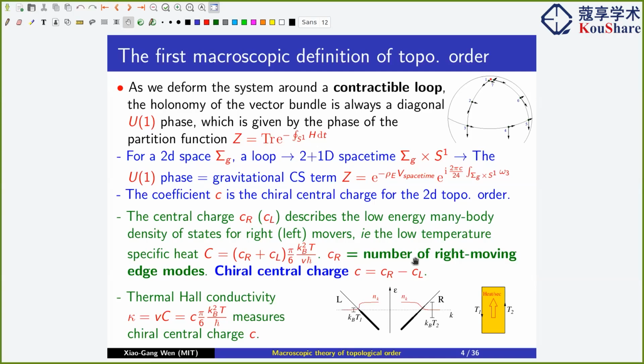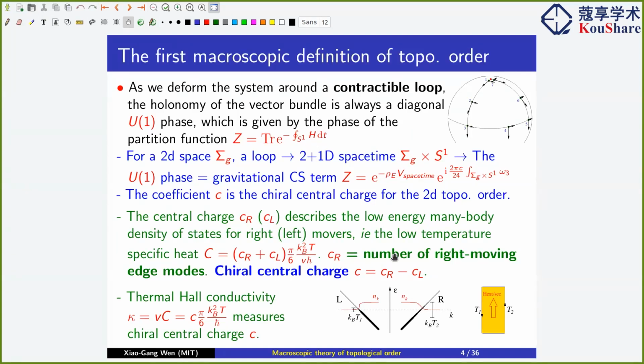So when this topological order has a boundary, you may have a boundary gapless mode, and therefore this so-called central charge. The central charge is basically just the number of right-moving or left-moving edge modes. When you have a phonon moving to the right, you have a central charge. This phonon excitation, this mode gives us a central charge 1.